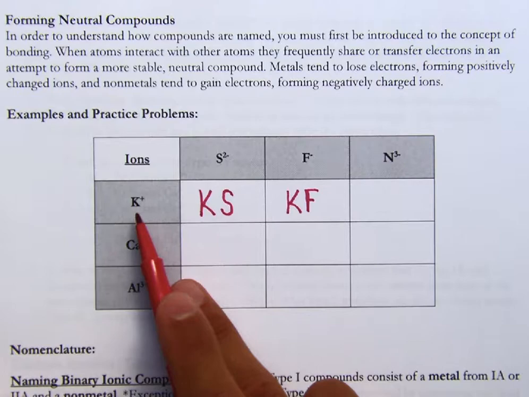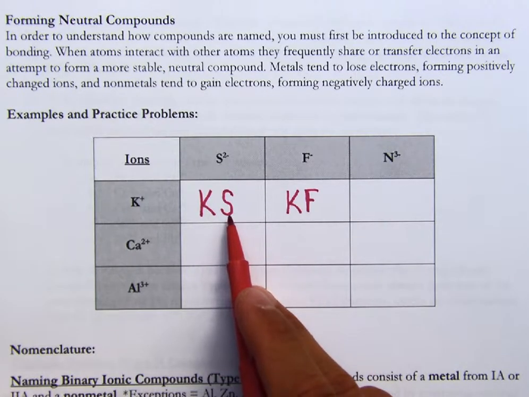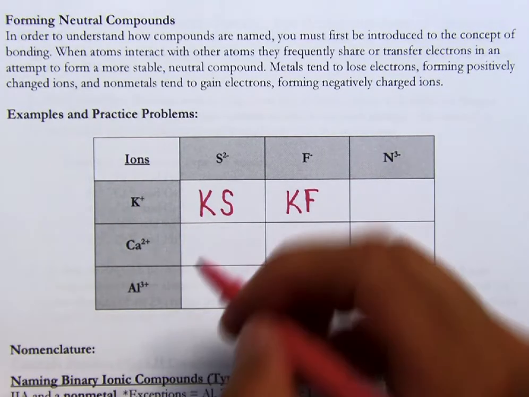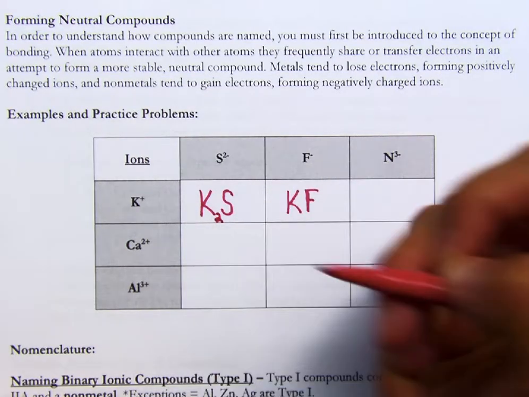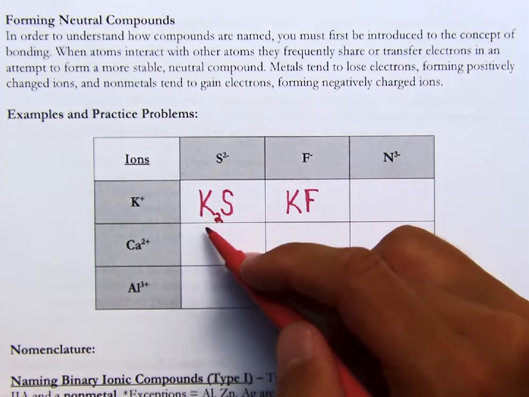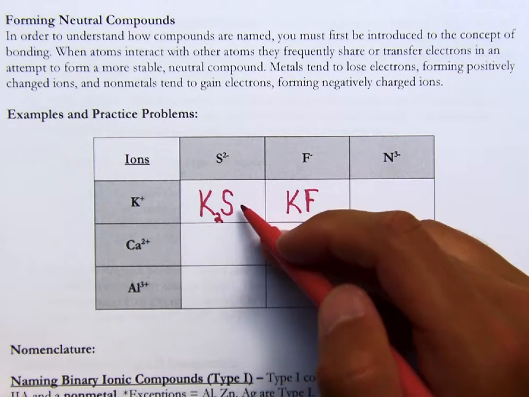You're going to need 2 potassium ions in order to balance out the -2 charge of the one sulfur. So if this sulfur is -2, you need to have 2 positive charges. That means you need 2 potassiums. So I'm going to put a 2 down here. That's K2S. The 2 Ks, each K is +1, so if you have 2 of them, that's +2, that balances out the -2.